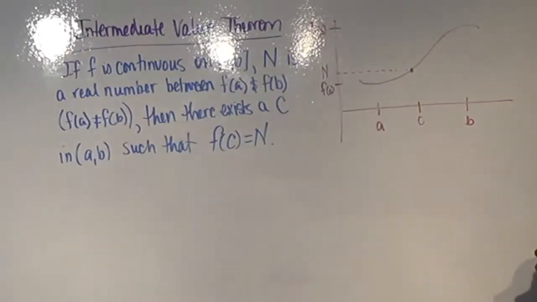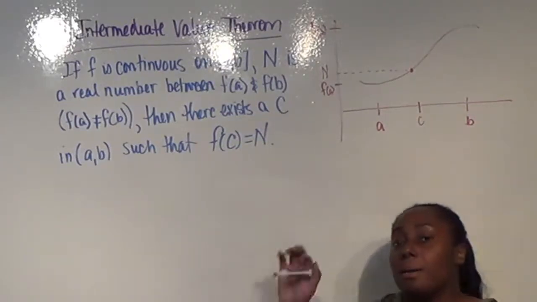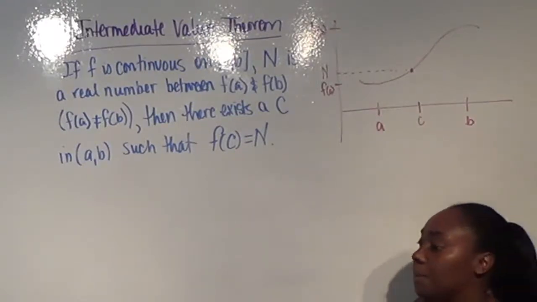Okay? And like I said, we'll be able to extend this so we can use nice properties about that value c. Maybe we want the value to be 0, or we want it to be a specific number, but that intermediate value theorem comes in handy.